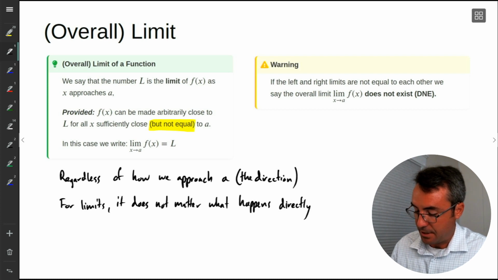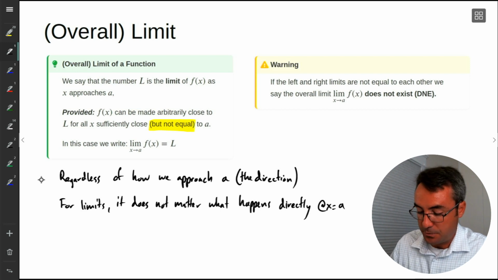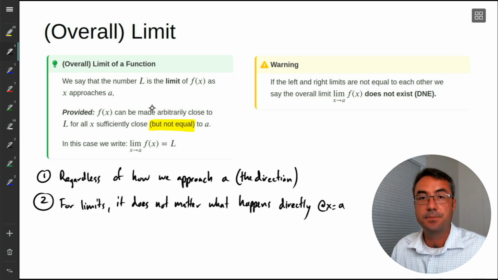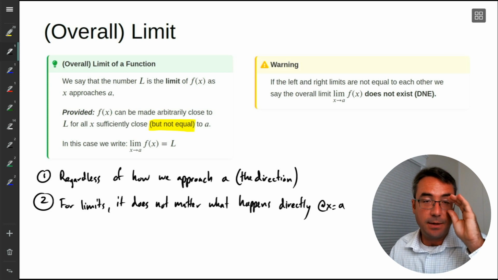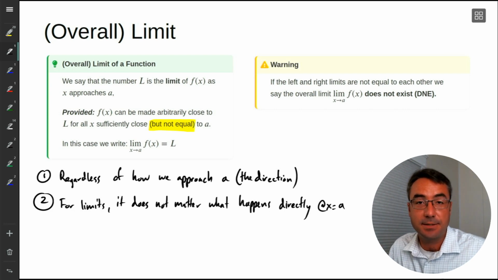And we'll see that in the next couple examples. So just a few notes here when we look at this definition. So the overall limit kind of throws out the directions. So left, right. We're just approaching a. Could be from either direction. And then also for limits, it doesn't matter what happens directly at that x value, x equals a.